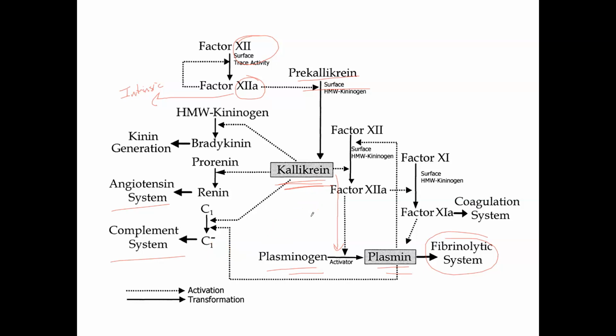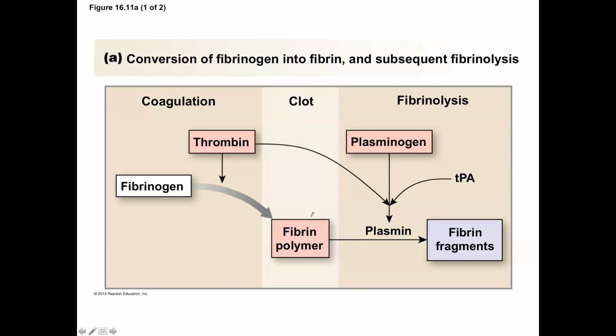Another important pathway is the activation of something called tissue plasminogen activator. So tissue plasminogen activator, or TPA for short, is another molecule that can convert plasminogen into plasmin and then allow that plasmin enzyme to digest fibrin.